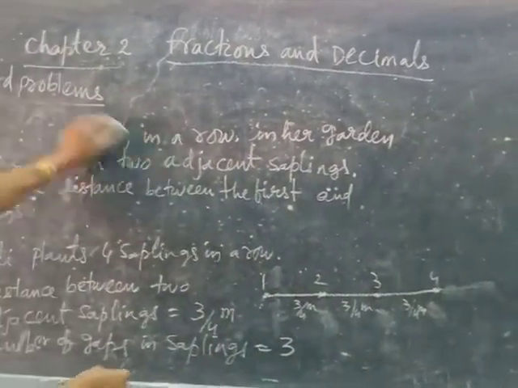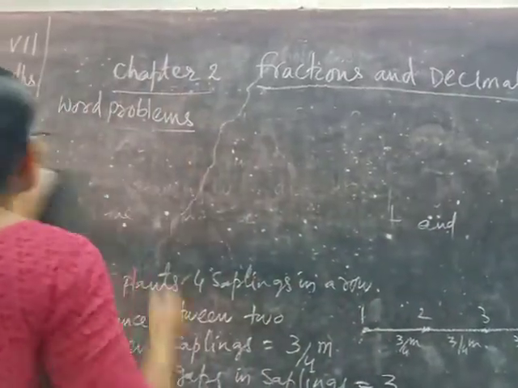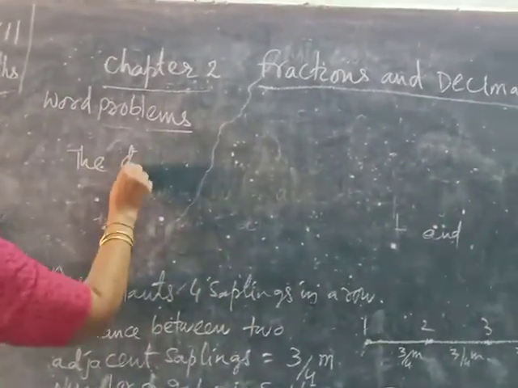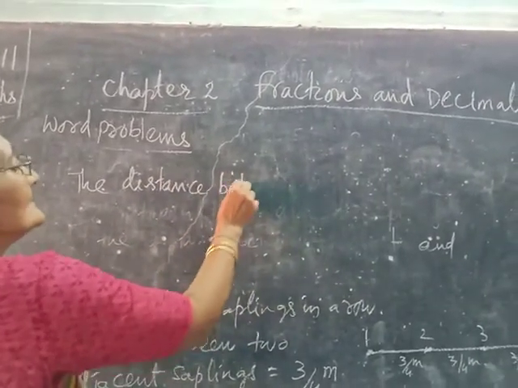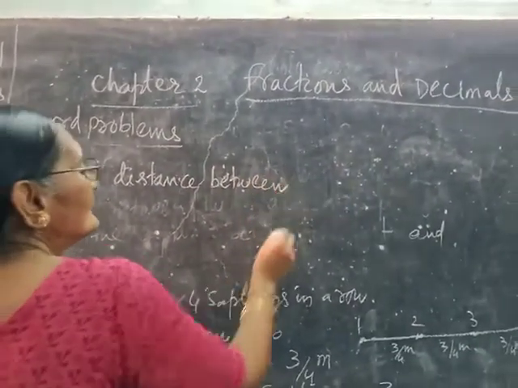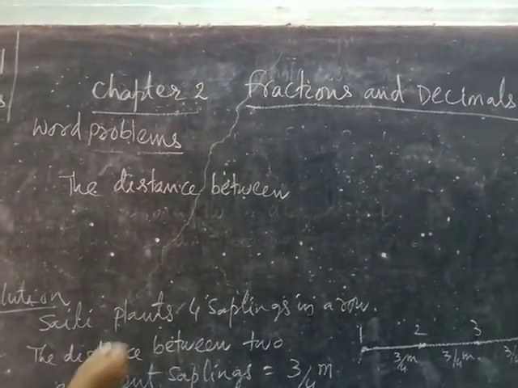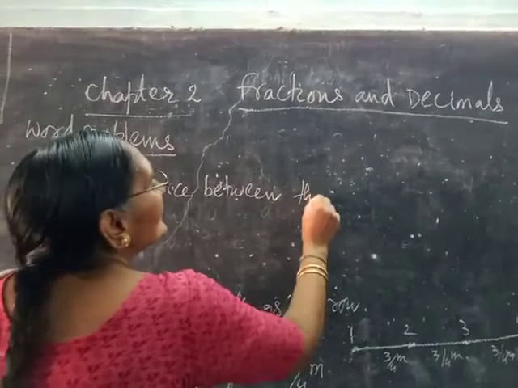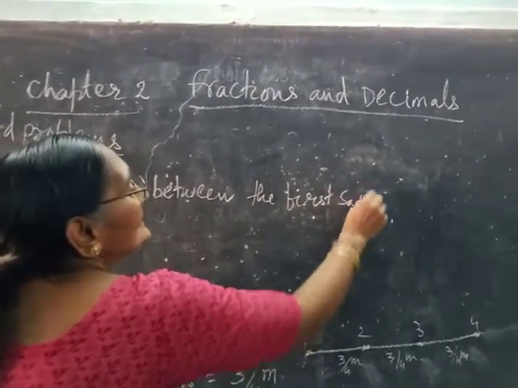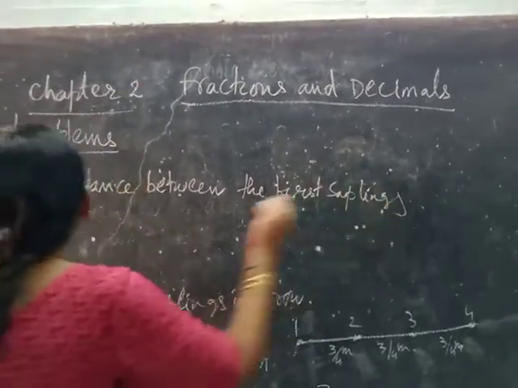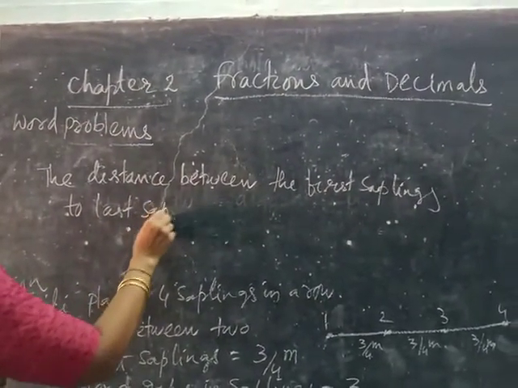Then I will erase it. The distance between the first sapling and the last sapling is equal to how much?